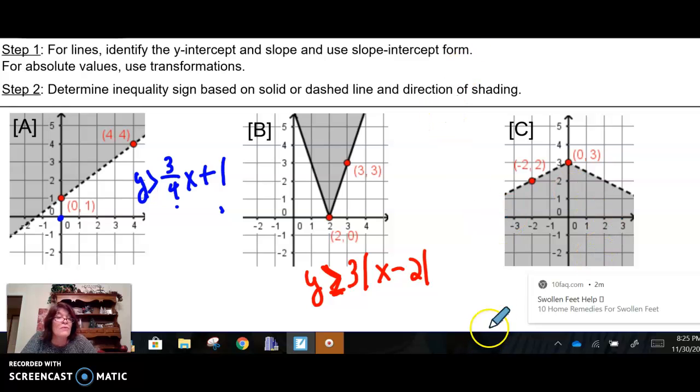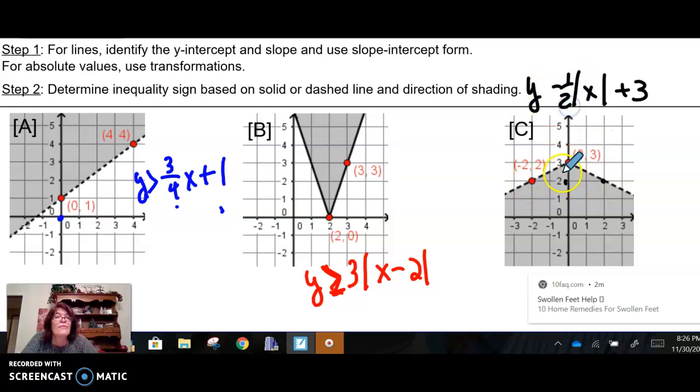The last one is also an absolute value inequality. The vertex is at 0, 3. So absolute value of x plus 3. Okay, it's x plus 0. I don't write that. Let's see, what's the slope here? To me, it looks like it's down 1/2, right?